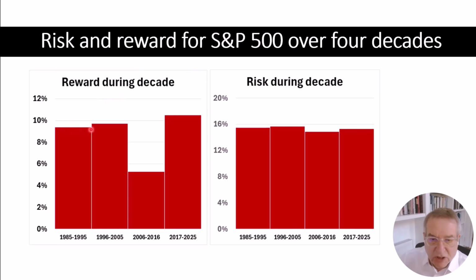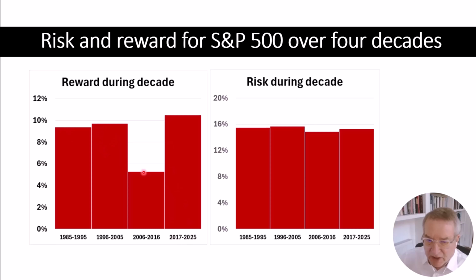And as you can see, we have close to 10% in these 2 years. We have a significant drop down to around 5% during this decade. This, of course, corresponds to the financial crisis of 2008. And once again, in the more recent decade, you can see we're slightly above 10%.